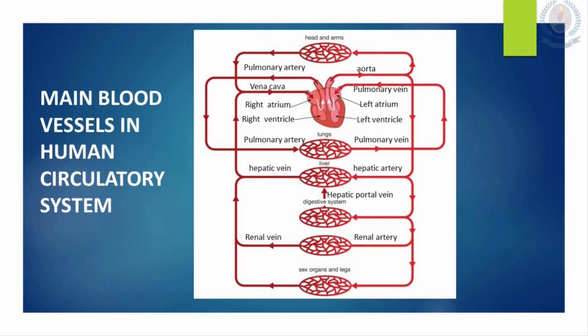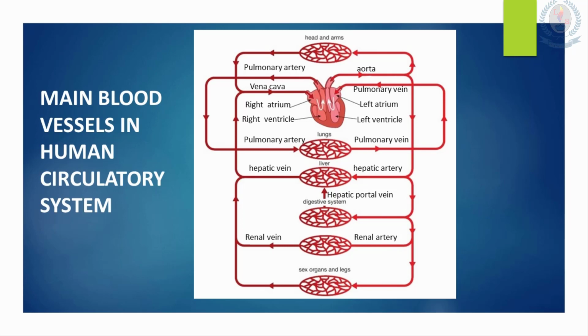So that's the thing. Now when we come to here, you can see the main artery of our body is the aorta. It will distribute the oxygenated blood all over the body.